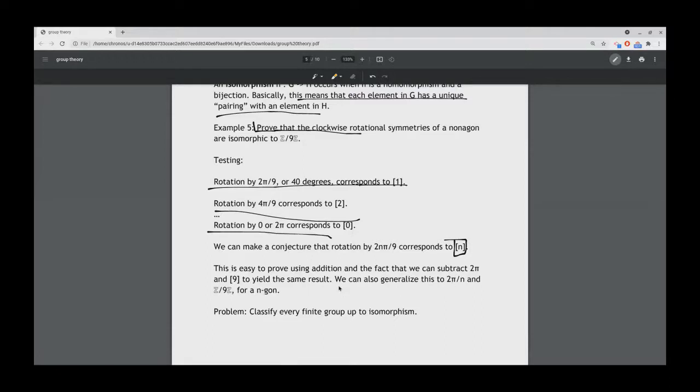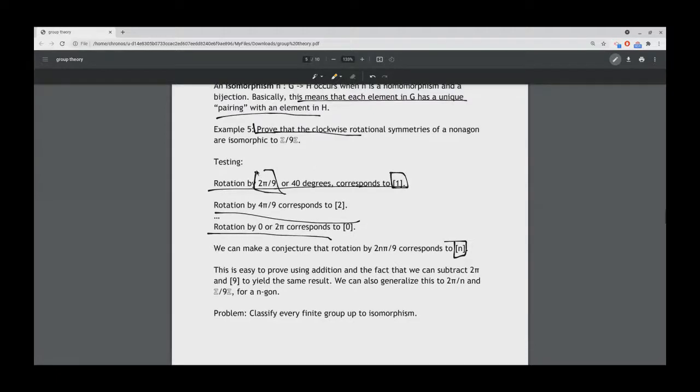What that means is that each clockwise rotational symmetry of a nonagon has its own counterpart in Z over 9Z, and they both have the exact same effect. It's kind of like equilateral, congruent triangles.